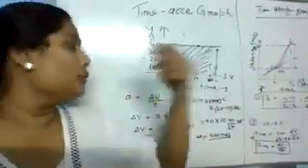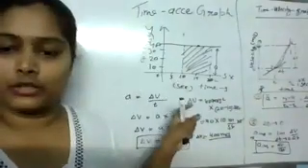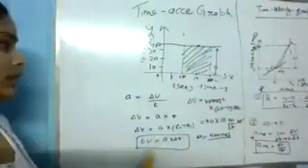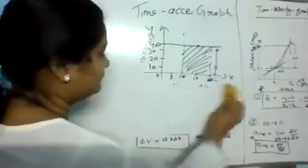Now we are going to prove all the equations of motion with the help of graph. So you know about the three equations of motion. Just give me the answer in chat. What are the three equations of motion? The first one is v equals u plus at, right?